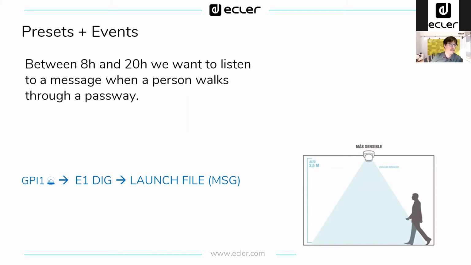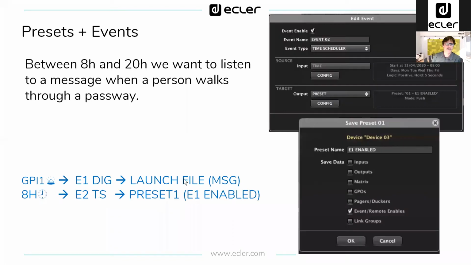As long as the audio output of this computer is connected to the system, maybe back to the matrix, in an audio input channel, it will be heard wherever we want. But we want this to happen only between 8 and 8. So we need another event, which we will call event 2.